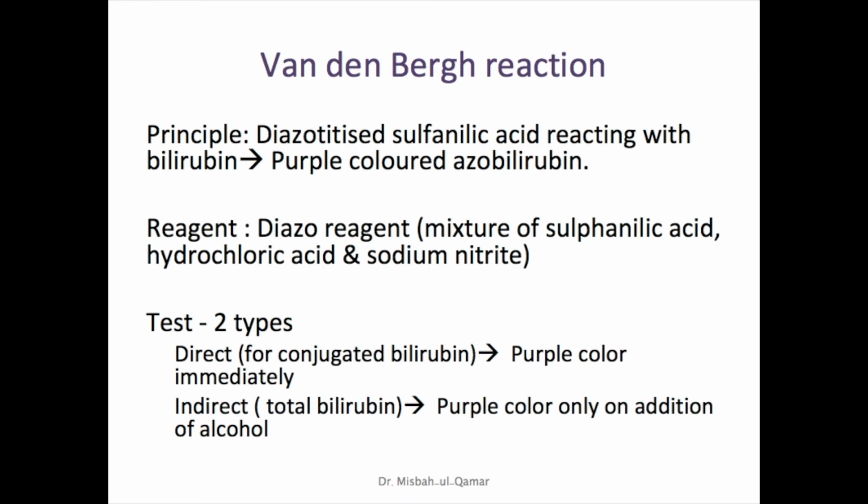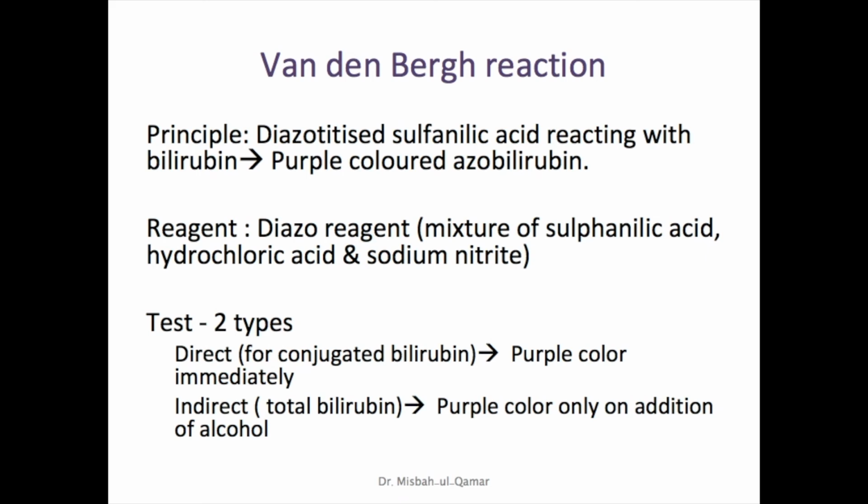Normal serum gives a negative Van den Bergh reaction. I'm hoping that all this detail on the screen was brought to your knowledge in your biochem class. You see the principle of the Van den Bergh reaction, then the reagent which is used, and most importantly the result.